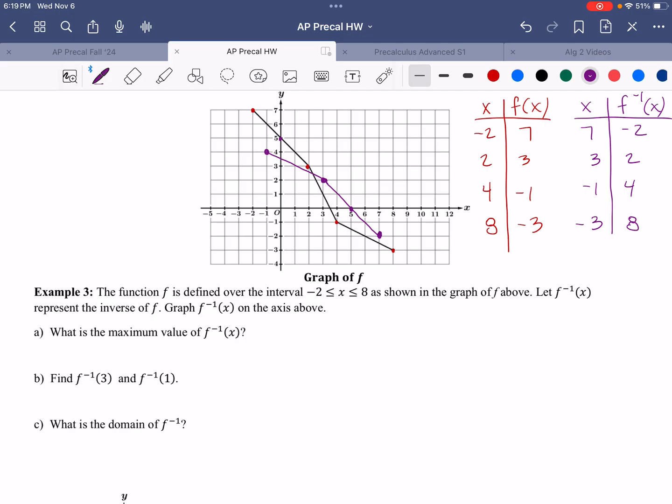And then, let's see, -3, 8. Okay, so it looks kind of funky, but remember you can check your symmetry by drawing your y equals x. See how I did here in the middle? Pretty close.